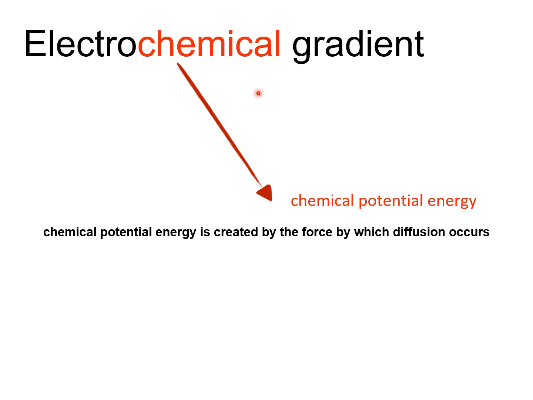Chemical, on the other side, is what we know and understand, which is the diffusion. It's the concentration gradient, right? This is very simple. It's called chemical potential energy.